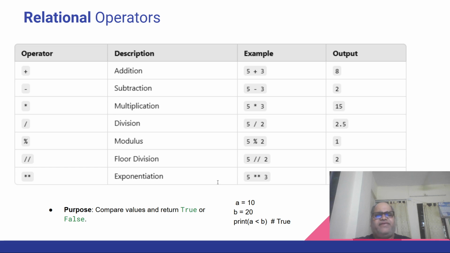The relational operators, or comparison operators, allow us to compare two values. The output is always a boolean, that is true or false. As shown in the table, operators like greater than, less than, and equal to help us compare numbers or strings effectively.